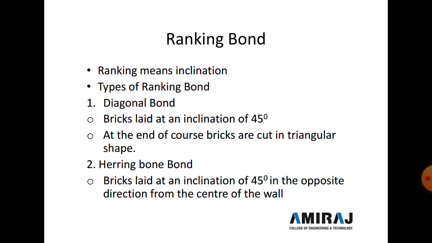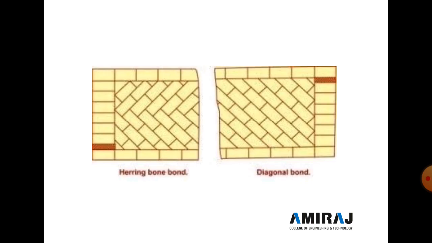The second type of bond is the herringbone. In herringbone, bricks are laid at 45 degrees in opposite directions from the center of the wall. See this figure.